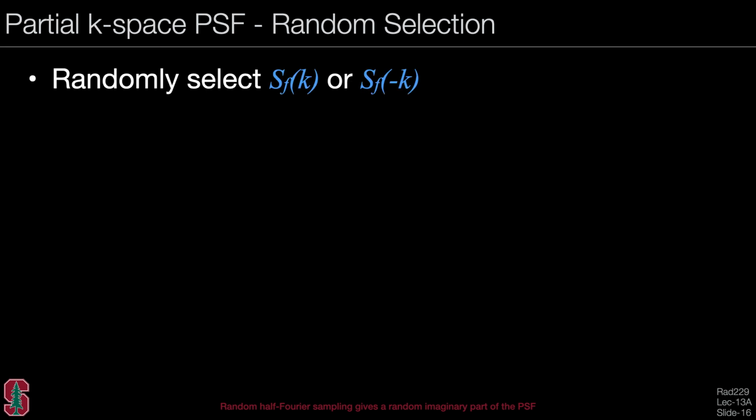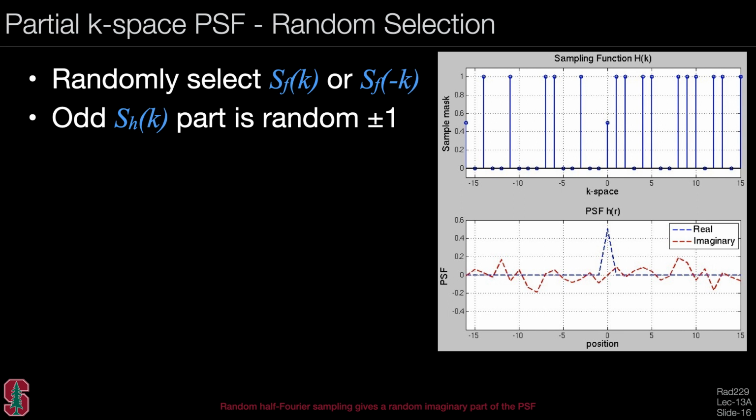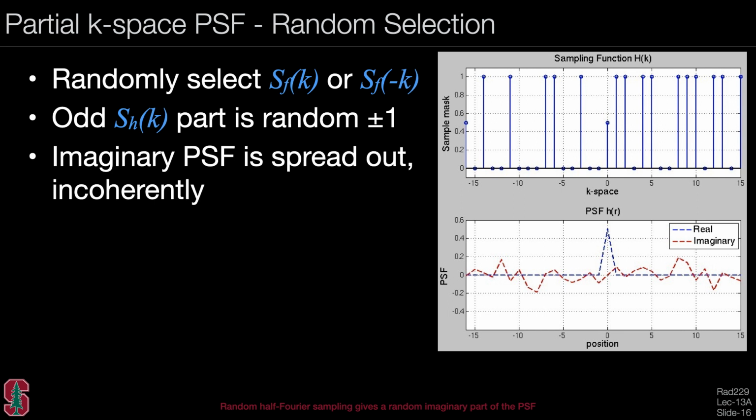So there are other options you can do here. You can do a partial k-space point spread function when you do a random selection. So if you randomly select samples at k or minus k, the half k-space sampling function might look something like this, and the corresponding point spread function now, because this odd part is basically a random plus minus 1, the imaginary part of the point spread function is spread out incoherently.